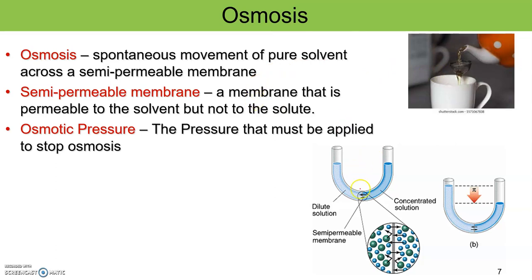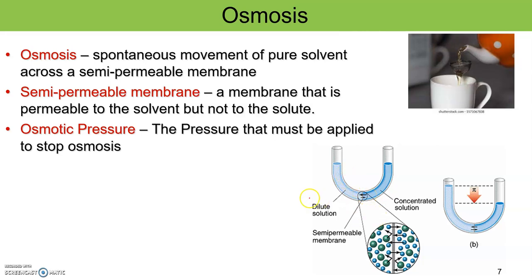So in osmosis we will have a membrane. The membrane is semi-permeable in character. A membrane is permeable to the solvent, but not the solute. For example, if we have water and sodium chloride in our solution, only the water can cross the membrane, while the sodium chloride will be retained.